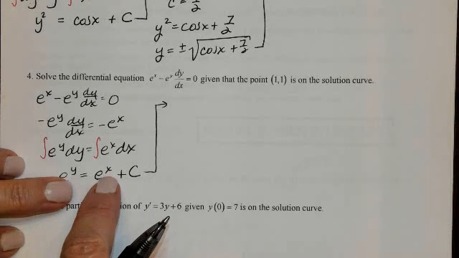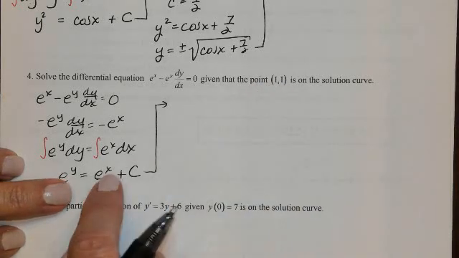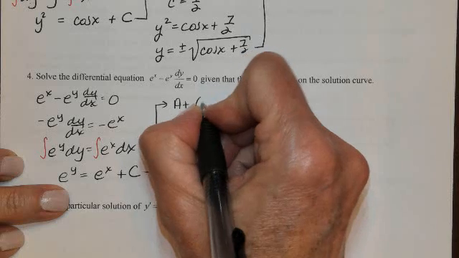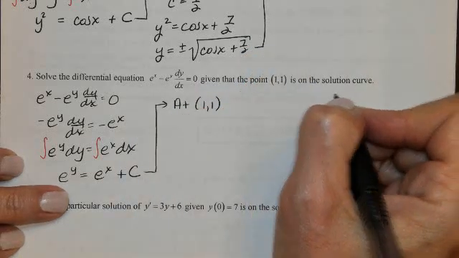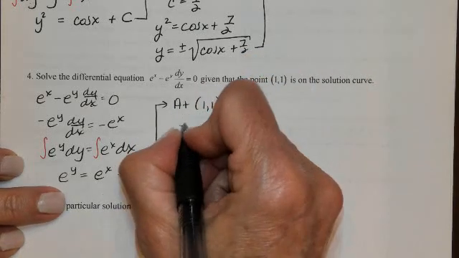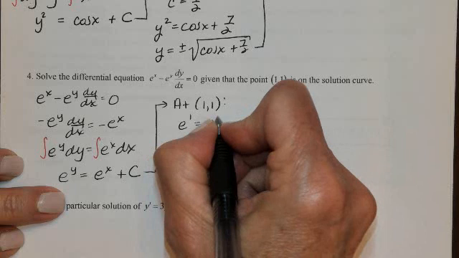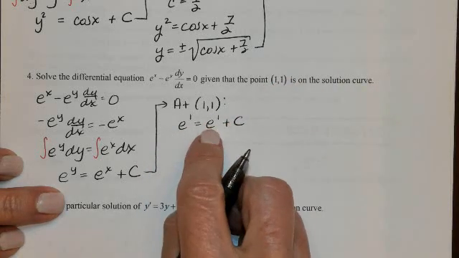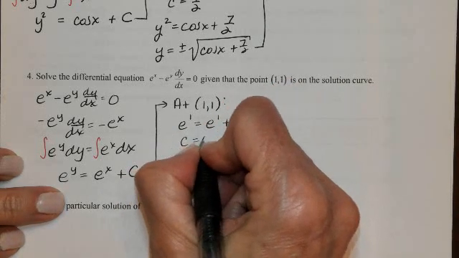And I see what will happen if I plug in the point (1, 1), and so yes, it's a good time. At the point (1, 1), I'll have e to the 1 is equal to e to the 1 plus c. That's e is equal to e plus c, so c has to be 0.